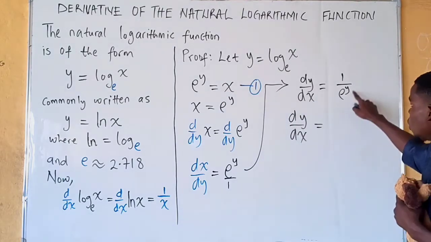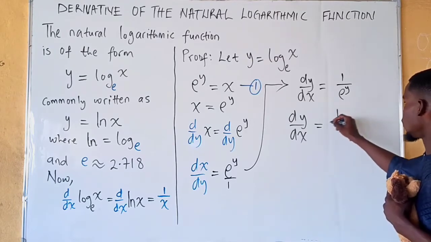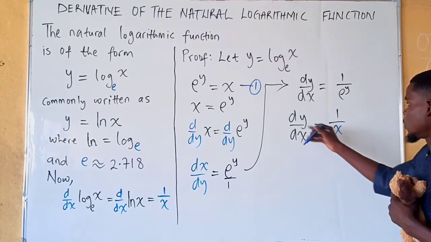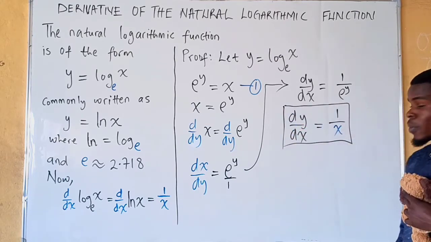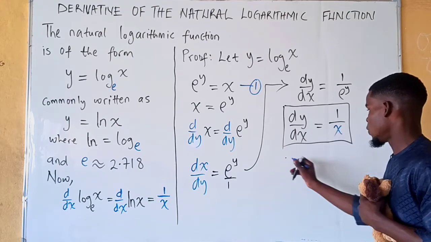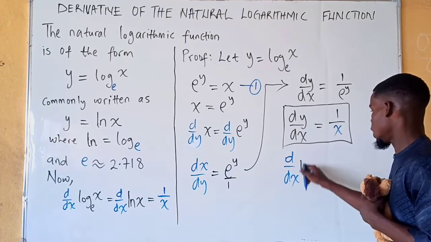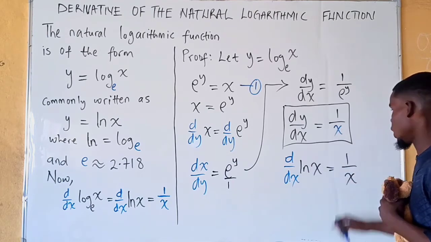So in place of e to power y in the denominator, I'm just going to put down x. So we're going to end up with 1 over x, right? So this right here is the derivative of that function with respect to x. So maybe I can write it this way: the derivative with respect to x of the natural logarithm of x is just 1 over x.